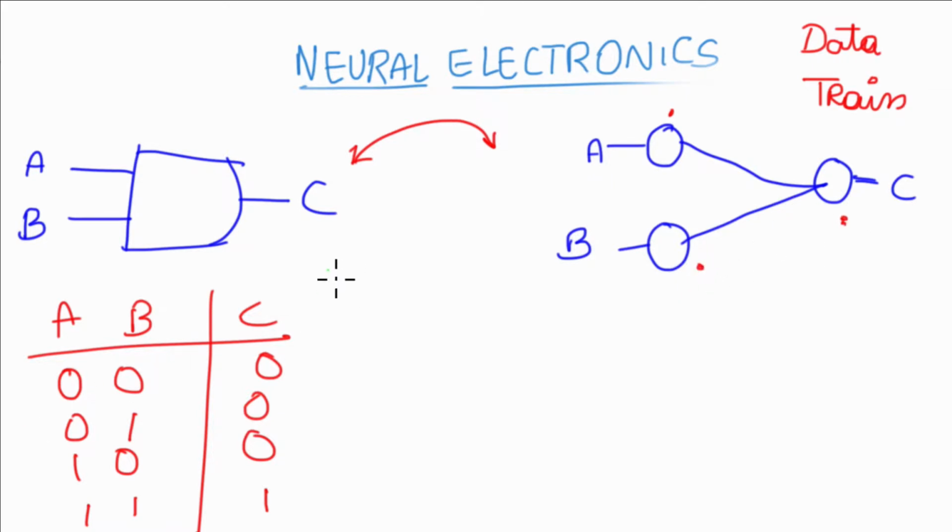So since this is a very simple digital component, you need not actually train it. You can actually work the values out on paper. But ideally, what you want to do is train this network on this data. If you work this out on paper, you can arrive at multiple different values or weights.